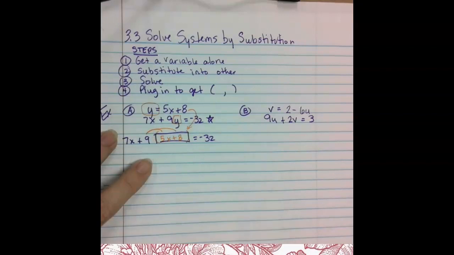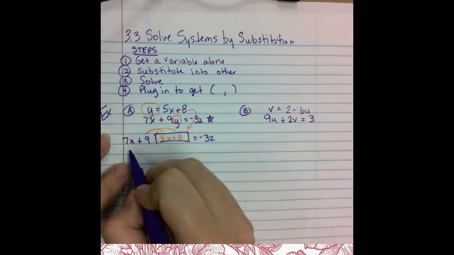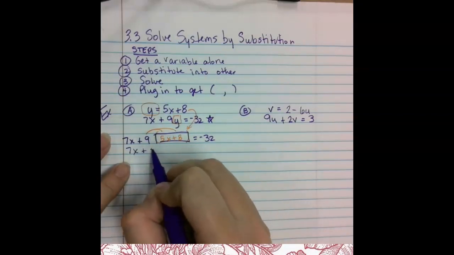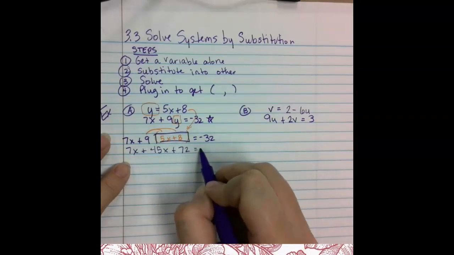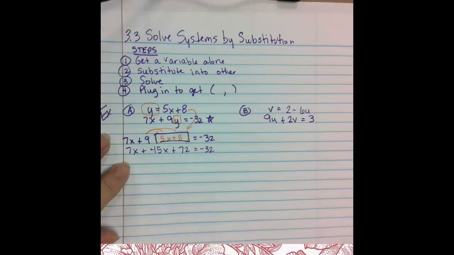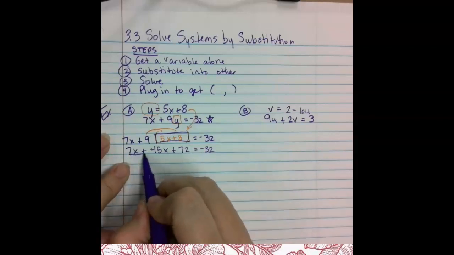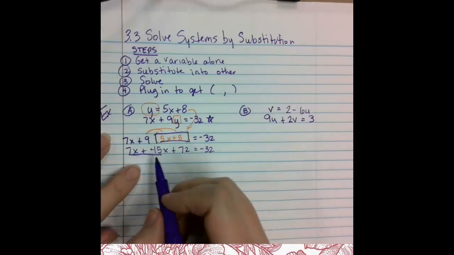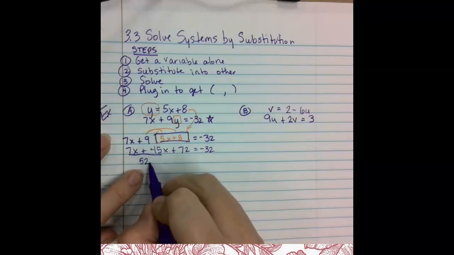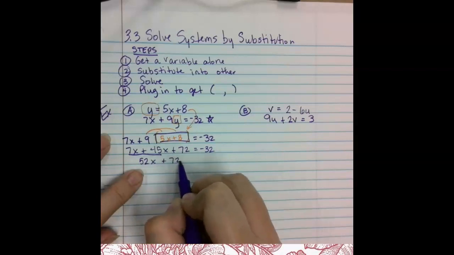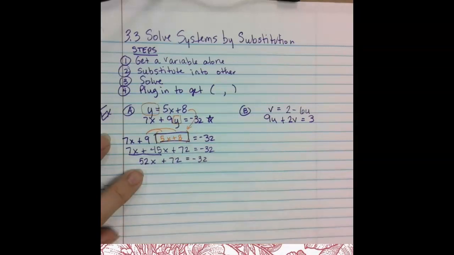Now the next step is just solve. So I'm going to distribute this: 7x plus 45x plus 72 equals negative 32. Now I can combine these like terms on this side, and I get 52x plus 72 equals negative 32.